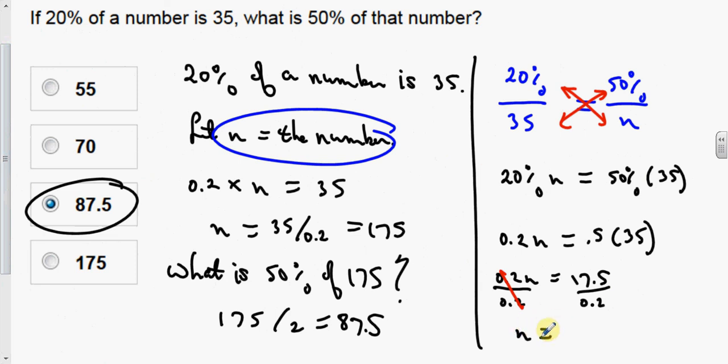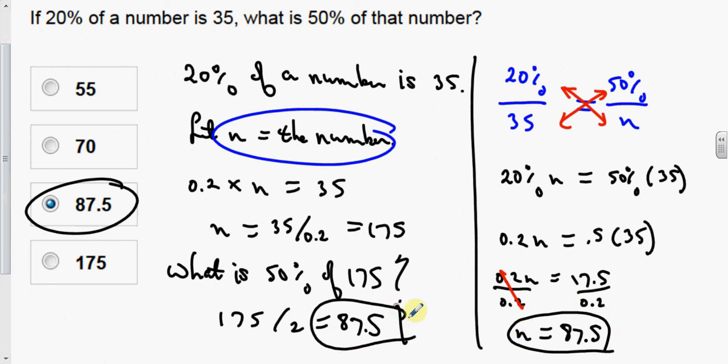So n is equal to, in our calculator, 17.5 divided by 0.2, and that gives you directly 87.5. Again, whichever one you like is fine with me.